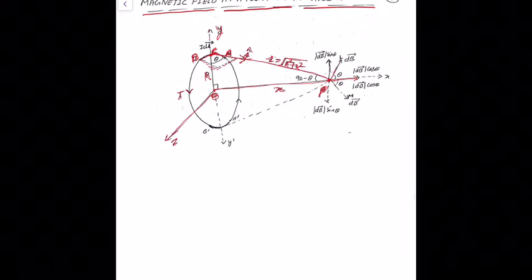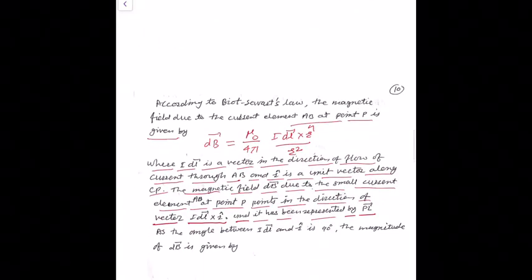Here it is point P, here it is PL, dB vector. Here magnetic field due to current element AB.